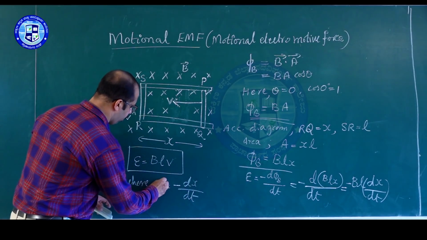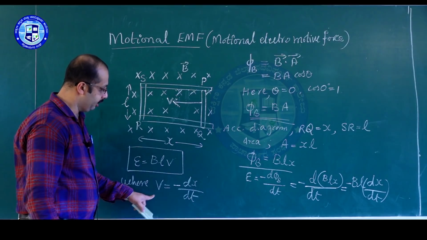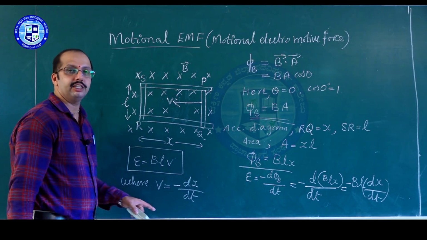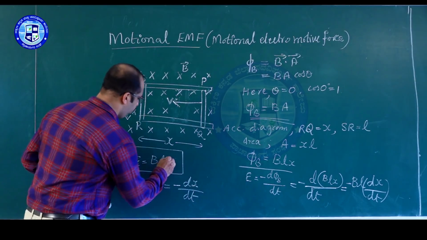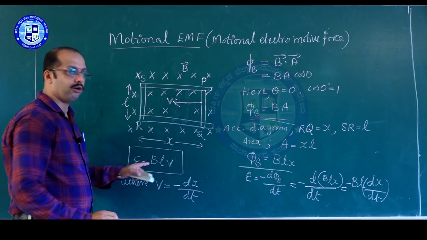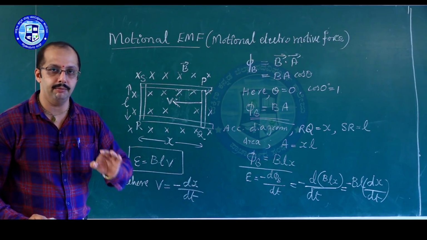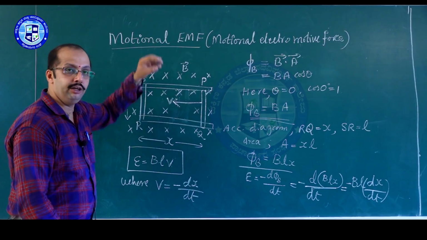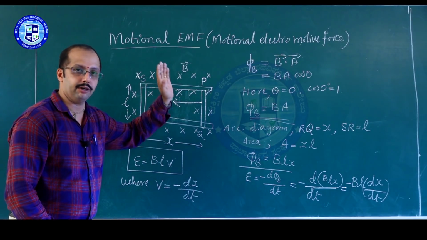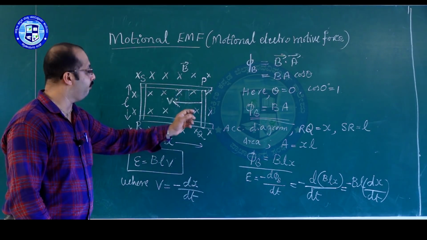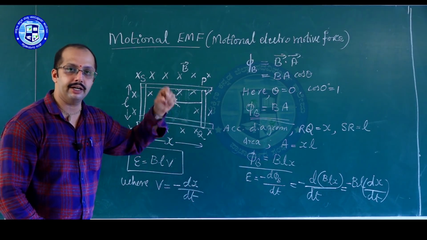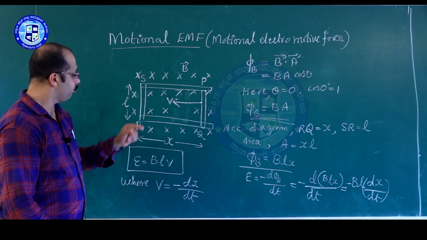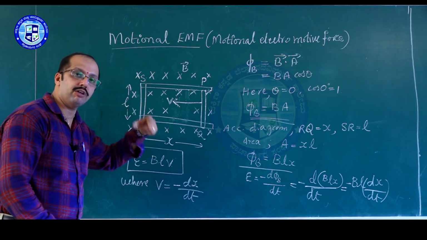This V is called speed or velocity, that is the negative of the change in displacement, dx, with respect to time. So BLV is called motional EMF. How to define motional EMF? The EMF induced in the rod or a particular conductor whenever there is a motion of the conductor in the uniform magnetic field is called motional EMF.